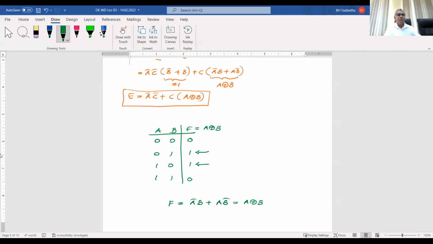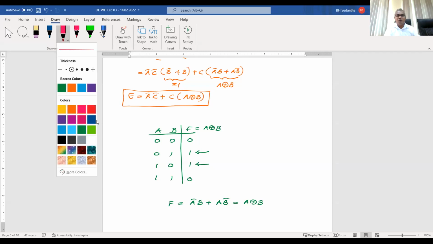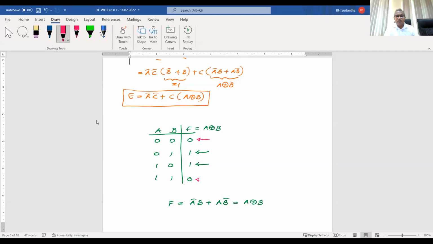Okay. At the same time, I'll tell you something else also. Shall we consider these zeros? If we write the equation using these zeros, what is that? That is F bar. F bar means A bar B bar plus A B. I wrote F bar using these zeros.